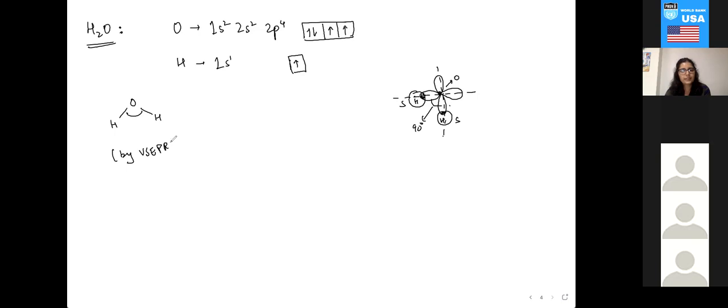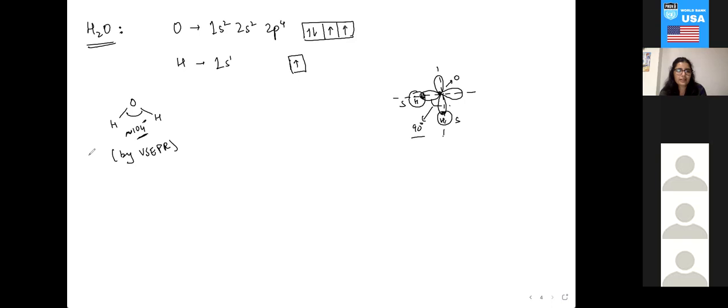So VSEPR is saying it's somewhere around 104 degrees. This is such a big difference, right? 14 degrees of difference, not like 1-2 degrees. So why this difference? Which means that your VBT is not able to explain the bonding in slightly more complicated atoms, right? So how do you explain that? How do you come to terms with that?